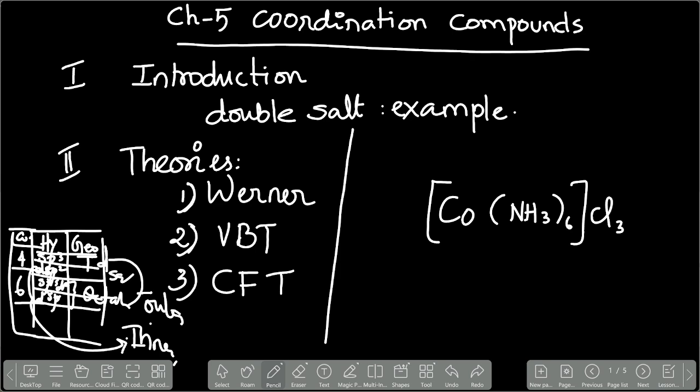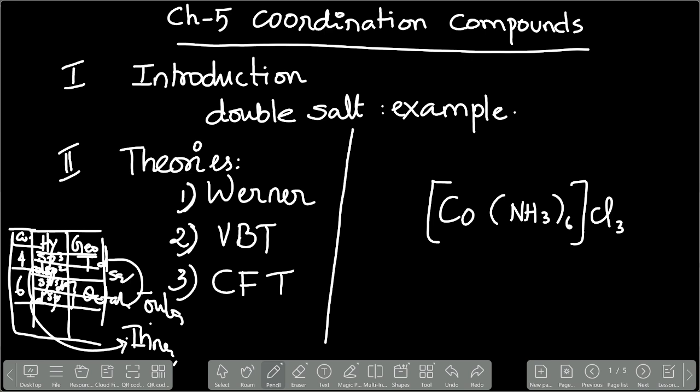The two diagrams you must draw, because mostly they ask to draw the crystal field splitting for tetrahedral complex or octahedral complex. For octahedral, t2g at the bottom and eg at the top. For tetrahedral, e at the bottom and t2 at the top. So no g, right? Keep that in your mind.